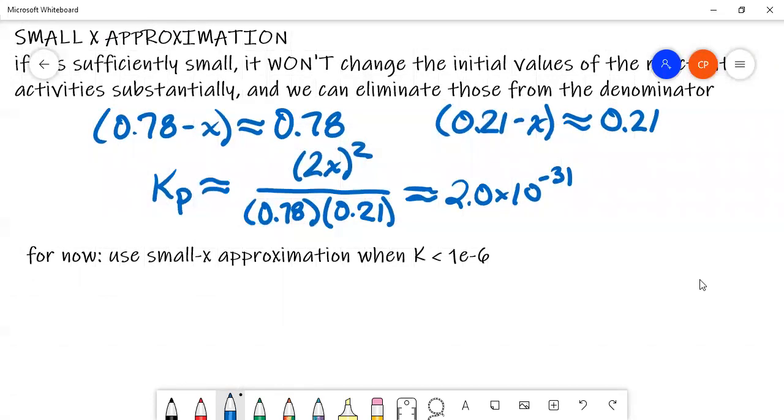Two x quantity squared, how do I simplify that down? Square both guys inside. It'll get me 4x squared. Multiply left and right by 0.78.